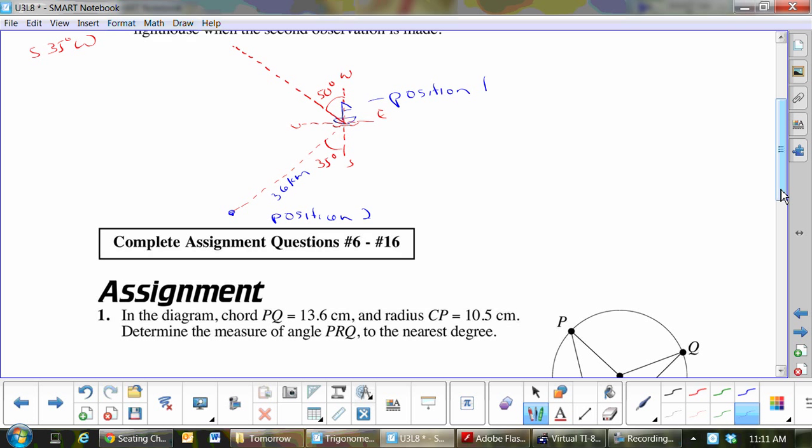Okay? And you see a lighthouse at 15 degrees east of north. Never eat soggy wieners. So 15 degrees east of north would be something like this. So this is where your lighthouse would be.